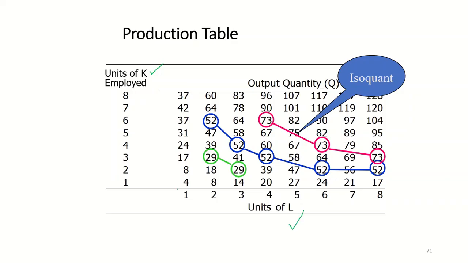Now when you use one unit of labor and 8 units of capital, it could be financial capital or machinery, 8 machines or whatever, right? You get 37 units of output, crop, livestock, any output, right? So you get 37 units.